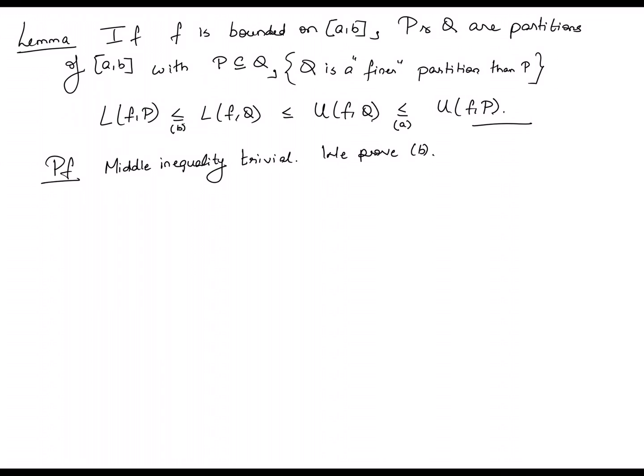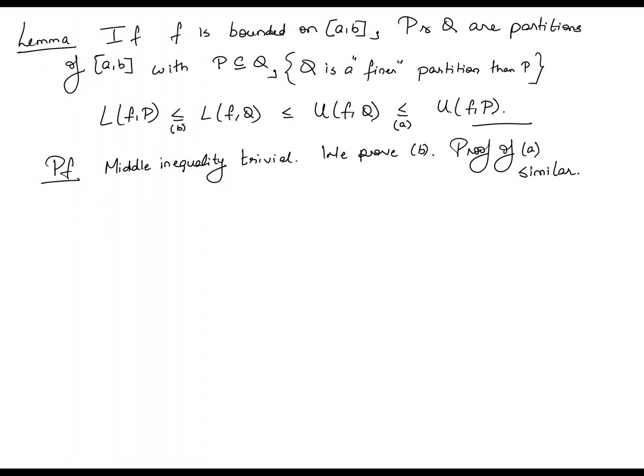Proof of A is going to be similar. Okay, so how do we go about proving this? Now, what we know is that Q is a finer partition than P, right? So by induction, it suffices to check the inequality if Q has just one single point more than P, right?